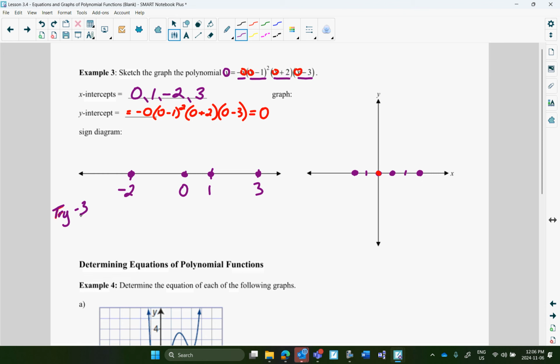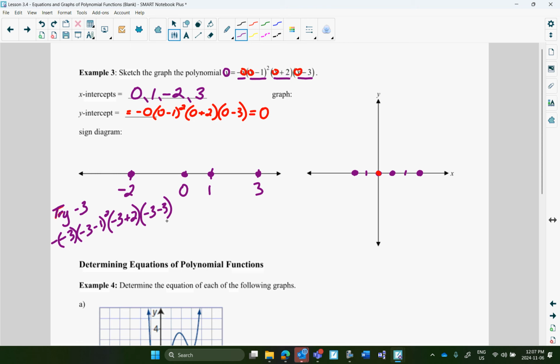So it's going to be -3 times -3 minus 1 squared times -3 plus 2 times -3 minus 3. And again, I don't care what the answer is. I just care whether it's positive or negative.